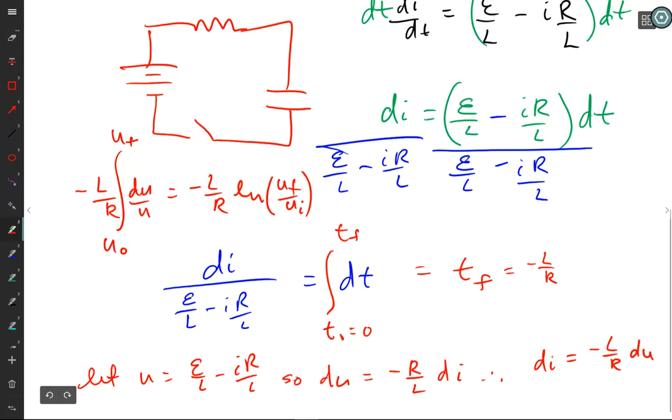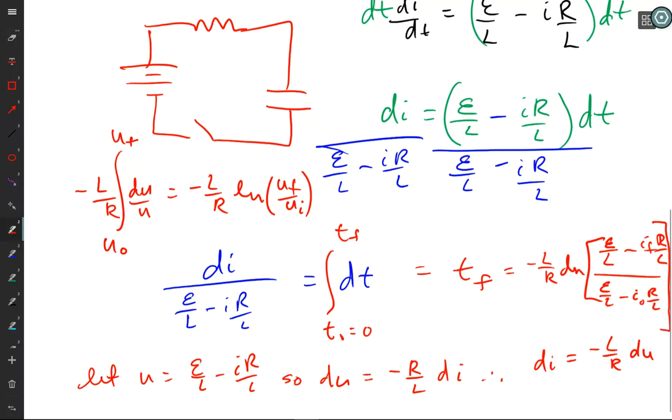So U final is going to be, initial, so I have that relationship. Next to last step, what's the inverse function of natural log? E, the exponential.